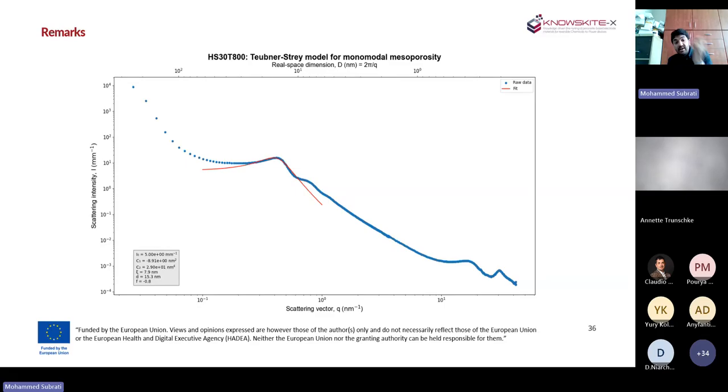Also the disorder parameter has a negative value, which means you have very highly dispersed pores. The deviation below 0.1 nanometer inverse is because, as you can check on the top in the real space dimension, you start having particles from 40 and above. This is now the scattering from the particles, which is why you have this deviation from the fitting.